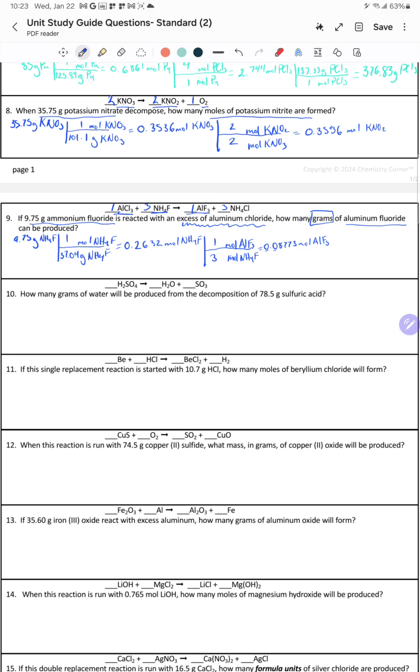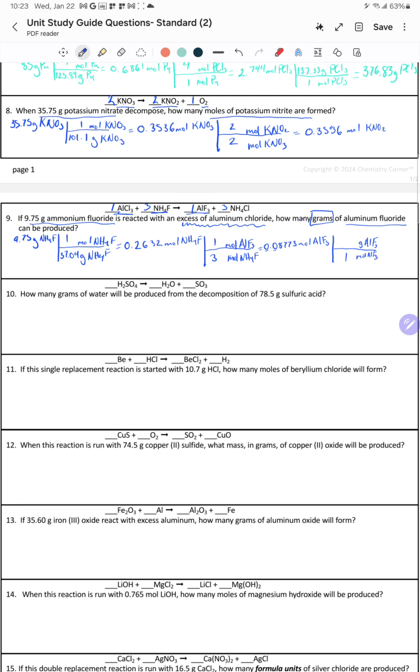Okay, so now that I have moles of this, I've got to convert it into grams, because that is what my final answer needs to be in. So I need to go to grams of aluminum fluoride from moles of aluminum fluoride. It's always 1 mole.